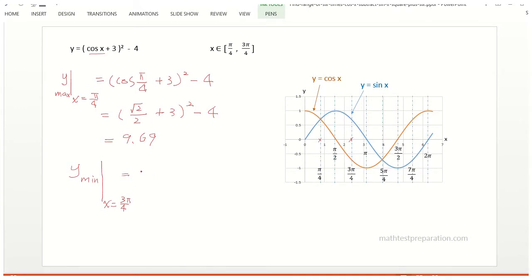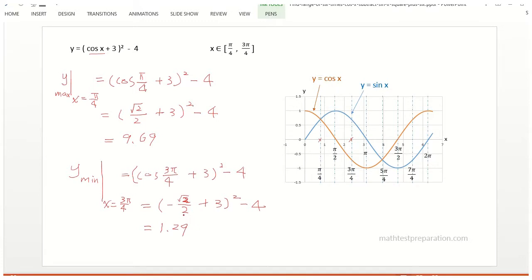So this equals cosine 3/4 pi, plus 3 squared subtract 4, which equals, cosine 3/4 pi is negative square root 2 divided by 2, plus 3 squared subtract 4, which equals 1.29.